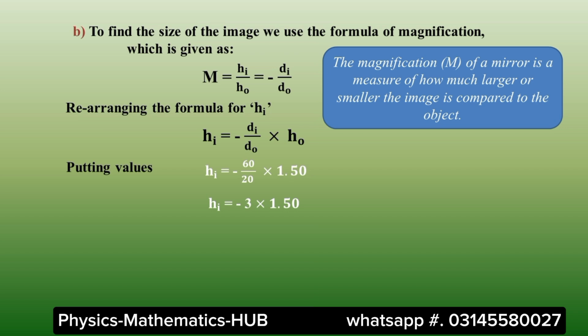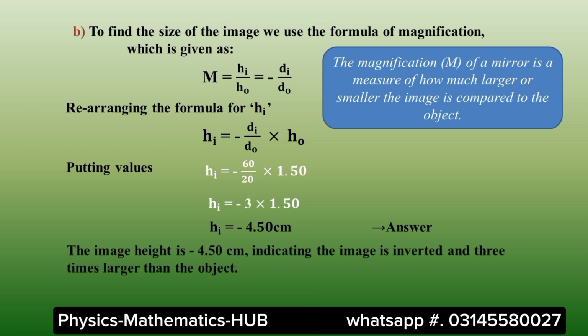So HI is equal to minus 3 multiplied by 1.50. Taking the product, we get HI is equal to minus 4.50 centimeters. Thus, the image height is minus 4.5 centimeters, indicating the image is inverted and 3 times larger than the object.